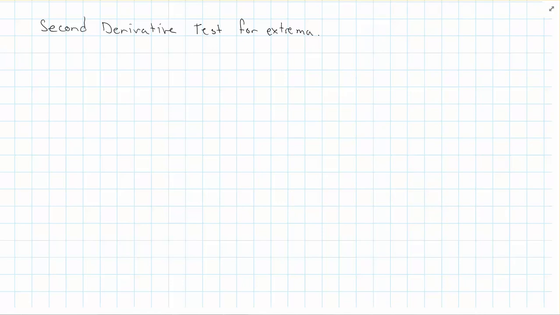So the problem we're going to examine here is, I wouldn't say a challenging problem, but it's definitely probably more of the challenging ones than the ones we've looked at so far.